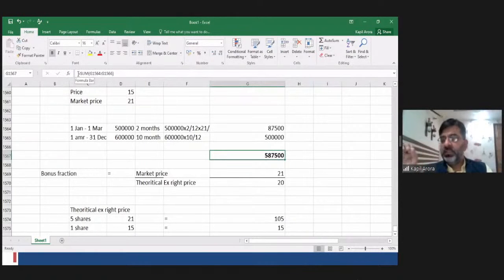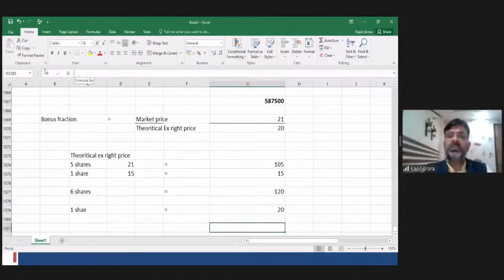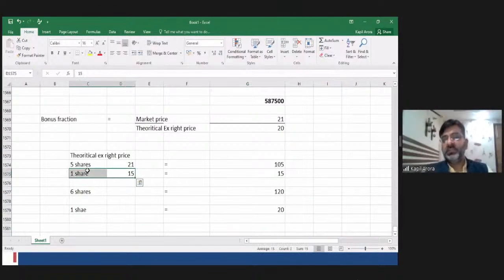Again, I am telling you, if I want this one share for 15 rupees, let's assume today I find a scheme for you: buy 5 Coca-Cola bottles for 30 rupees each. The 6th one would be given to you for 10 rupees.